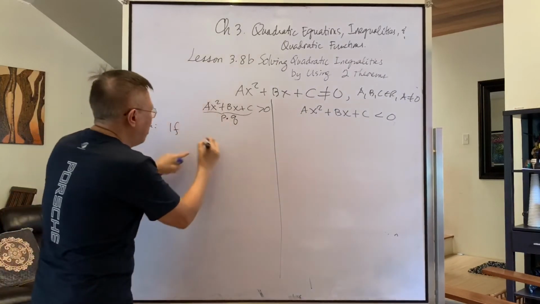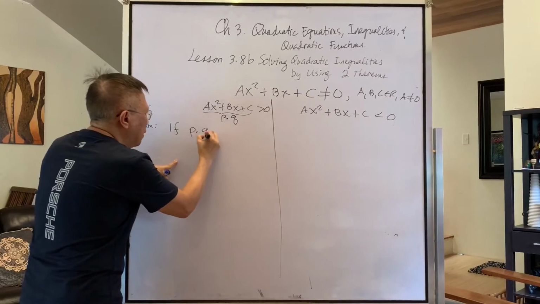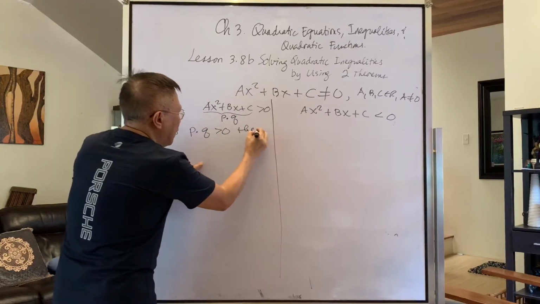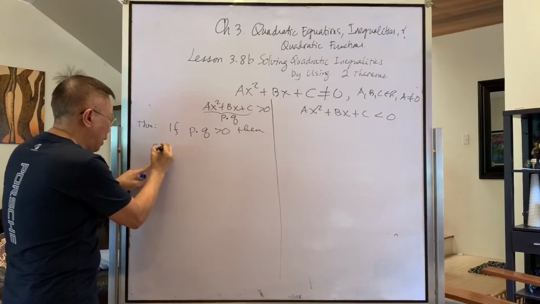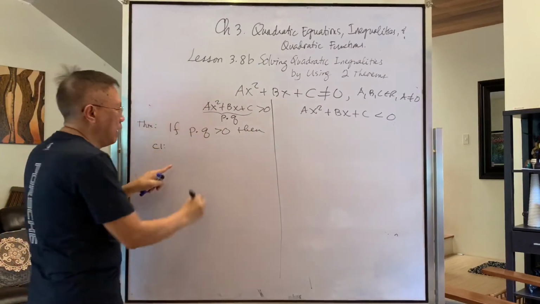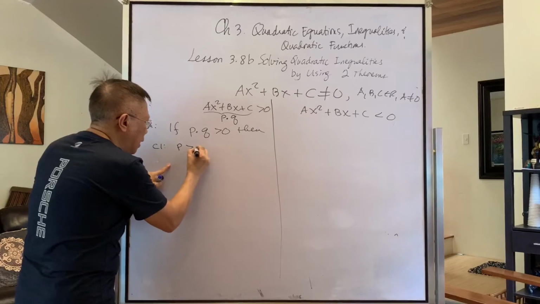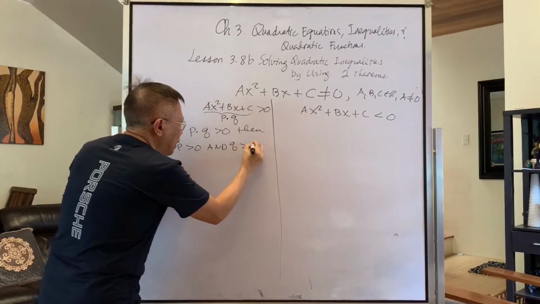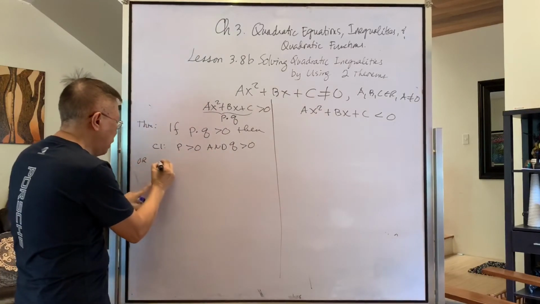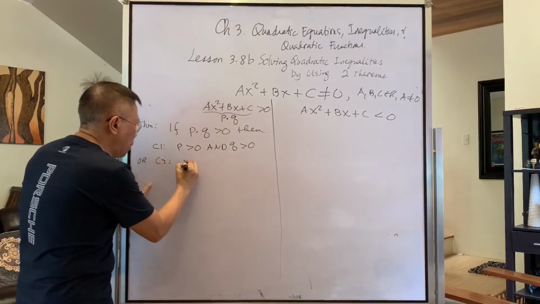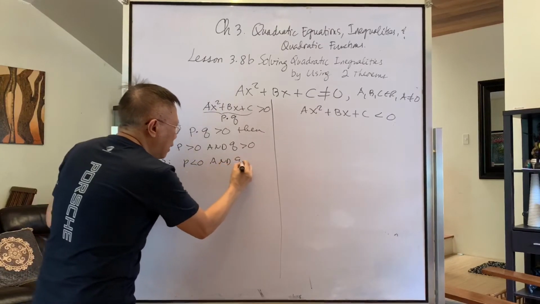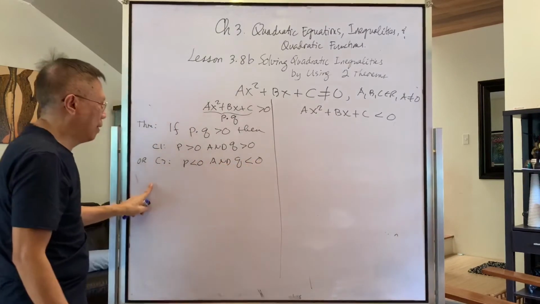Then we are saying this theorem: if the product p times q is greater than 0, then case 1 gives p greater than 0 and q greater than 0, or case 2, p less than 0 and q less than 0.